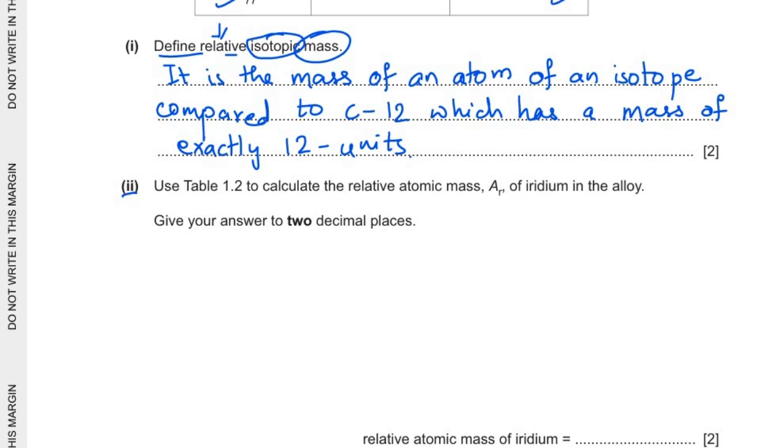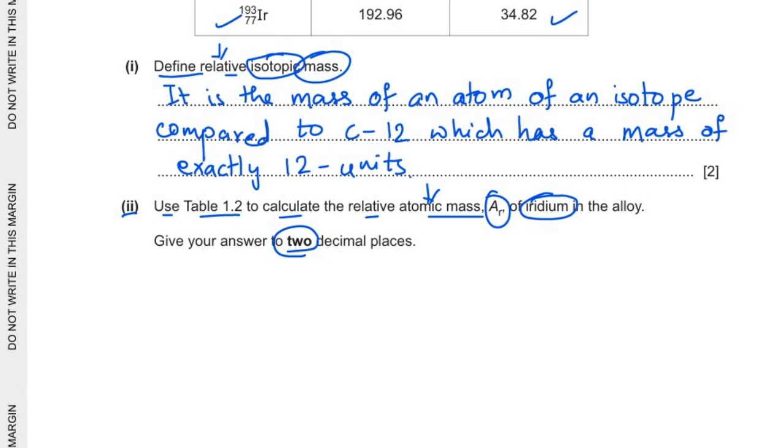Okay, the second part is: use table 1.2 to calculate the relative atomic mass, Ar, of iridium in the alloy. Now understand, it's only iridium in the alloy. Give your answer to 2 decimal places. Remember, it is 2 decimal places. You are supposed to calculate the relative atomic mass of iridium only in the alloy.